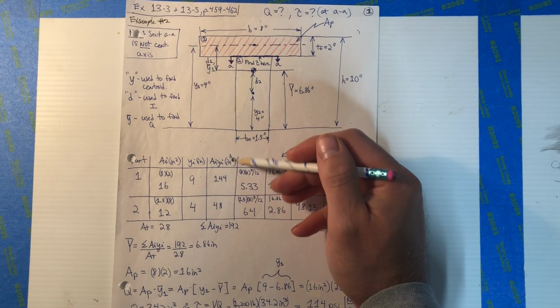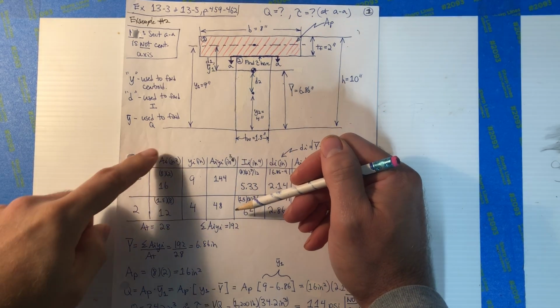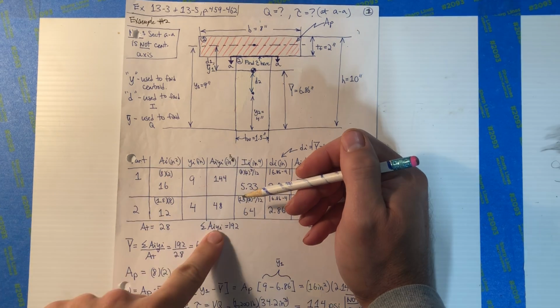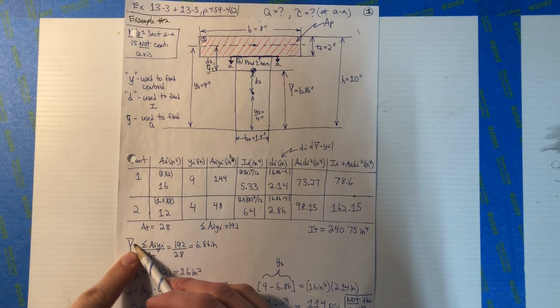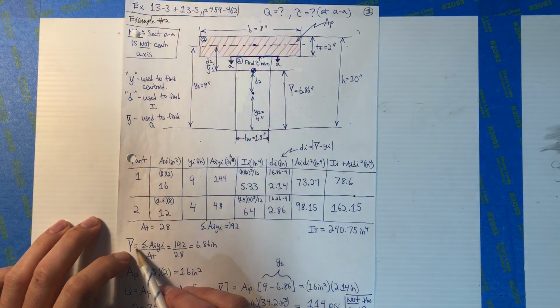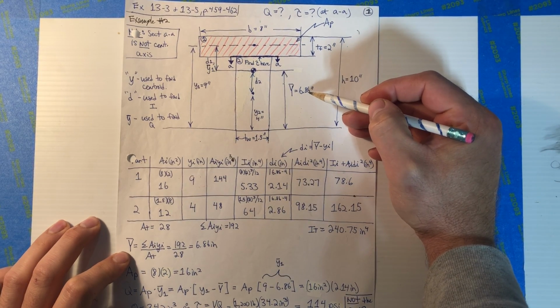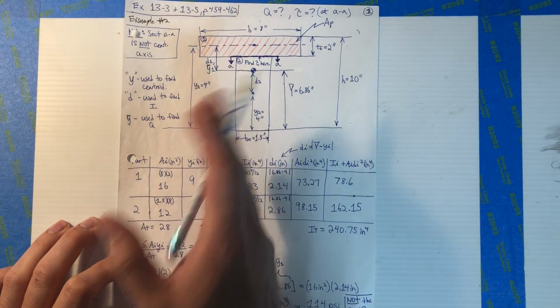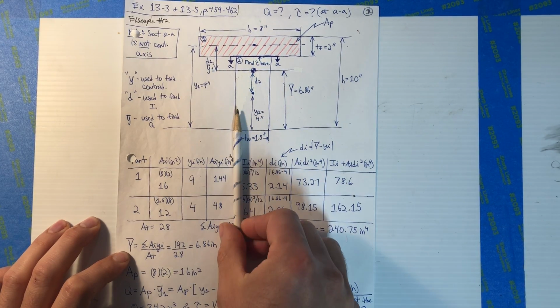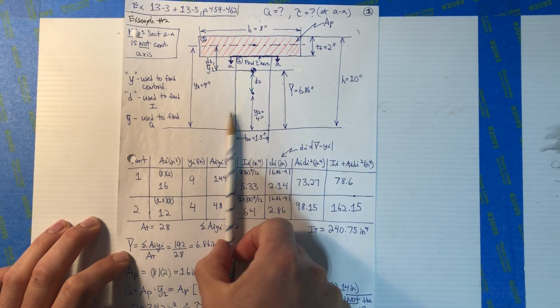And once you get here, you have enough to sum that and do a division and get the centroidal axis location. We find that here. It's 6.86 inches, right? So then you get to the parallel axis theorem. That's this point onward, okay?